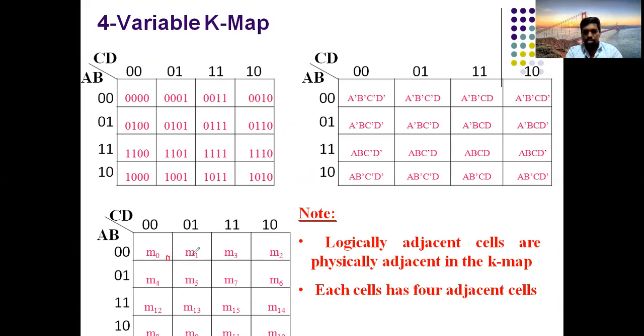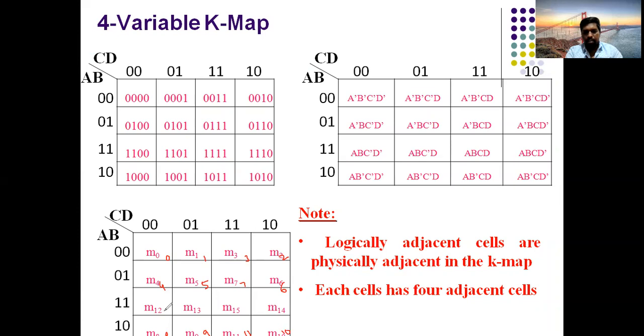So this is the 0th cell, 1, 3, 2. Here 4, 5, 7, 6, and again 12 will come here, then we'll get 13, 15 and 14. Then here 8, 9, 11 and 10.